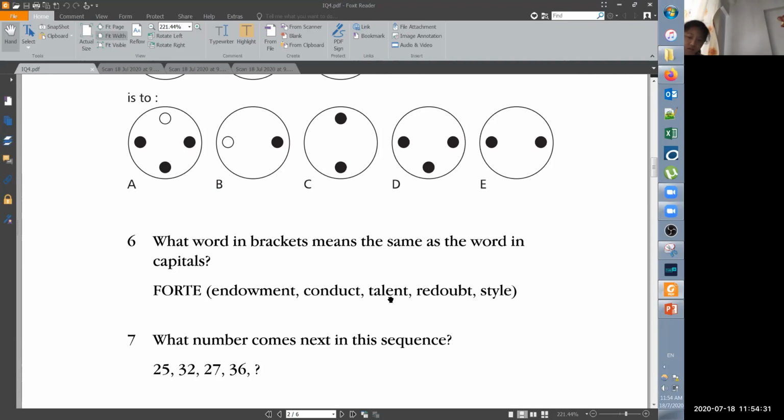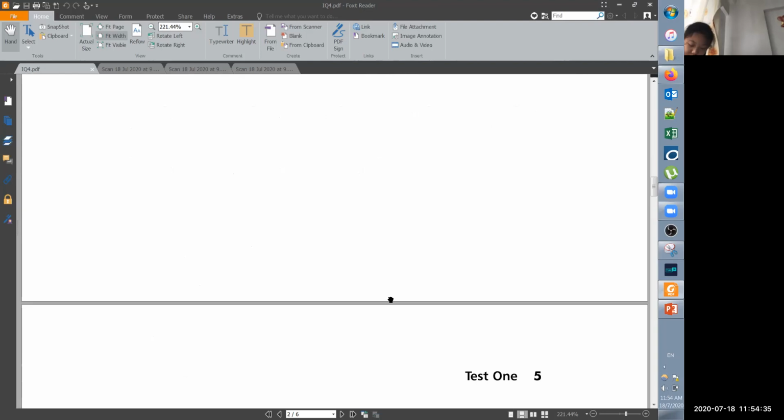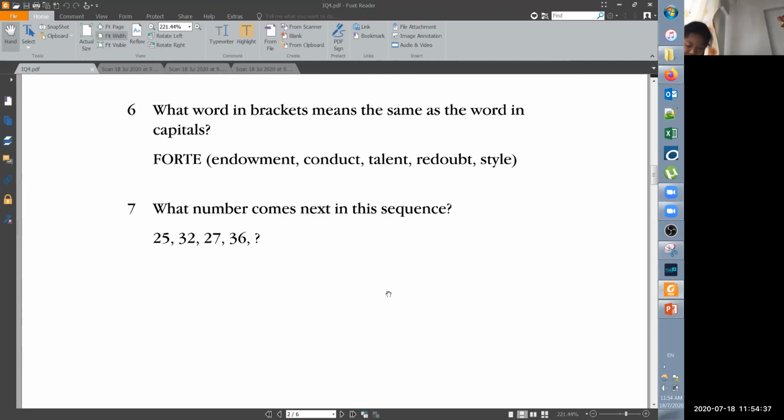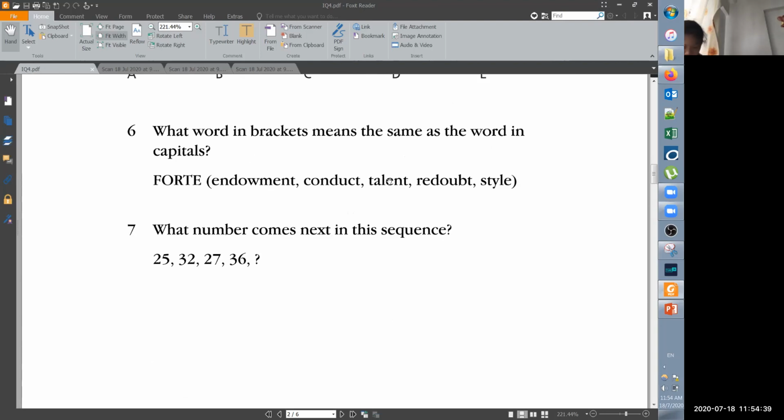So what is your forte? Do you know what talent is? You don't know? Talent means what skill you have. So what is your forte? Just tell me one.